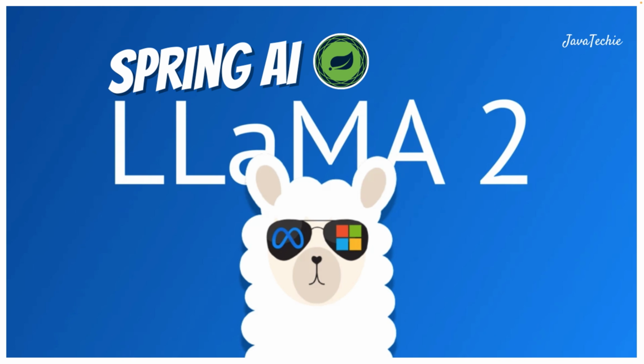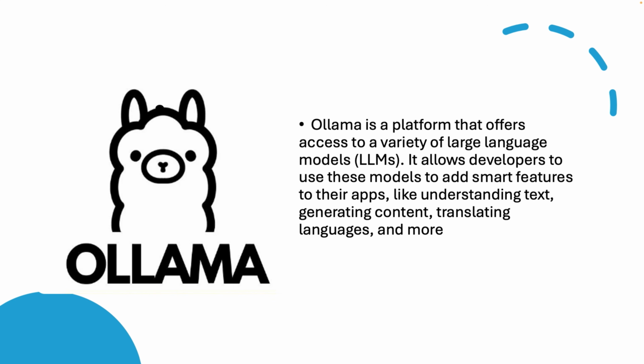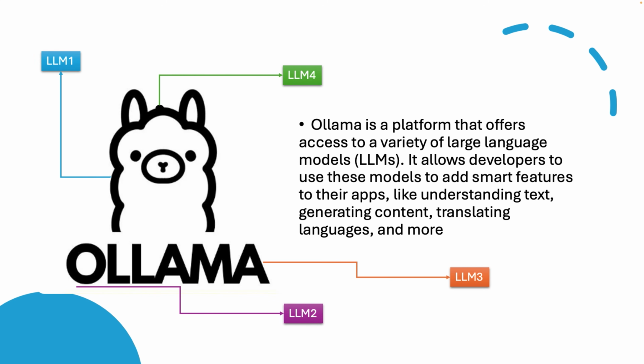Before I start explaining how Spring AI integrates with the world of generative AI, let me give you a high level overview of Ollama and the various types of LLMs it supports. At a high level, Ollama is a platform that offers access to a variety of large language models.